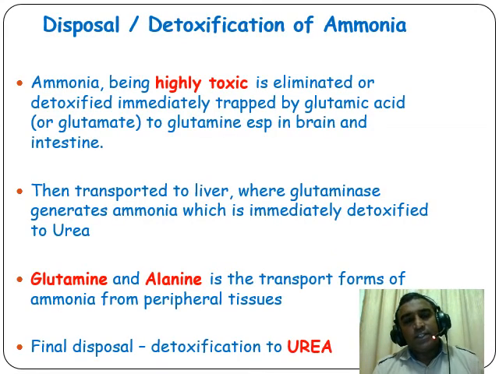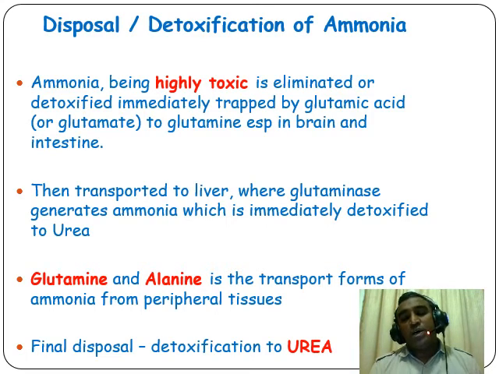This slide is just a repeat of what has already been described to you. It is referring back that excess ammonia is highly toxic, and it has to be brought to the liver to be detoxified by converting to urea in the urea cycle.